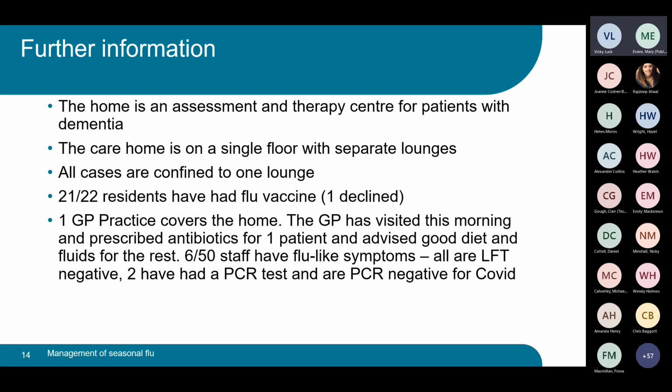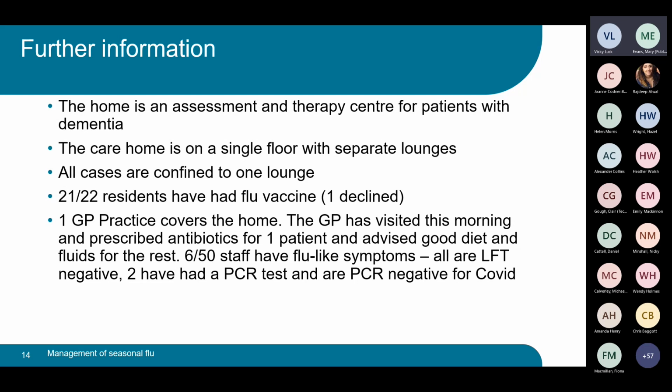So a bit more information about the scenario. What we found out is the home is an assessment and therapy centre for patients with dementia. The care home is on a single floor with separate lounges. All cases are confined to one lounge. 21 out of the 22 residents have had their flu vaccine, and one GP practice covers the home.